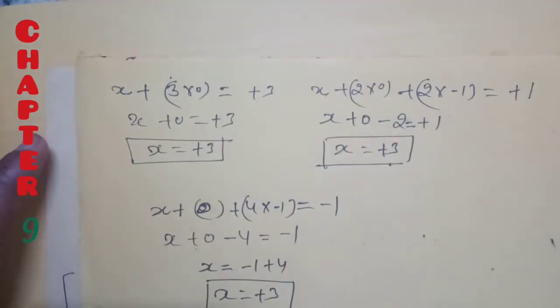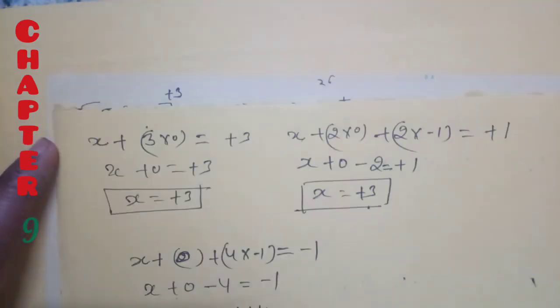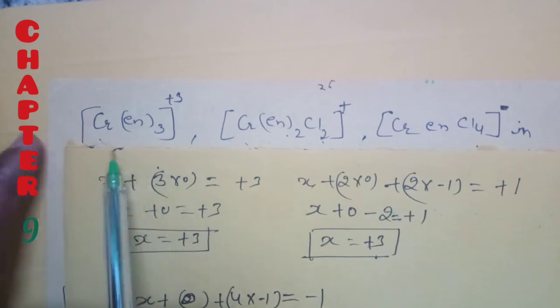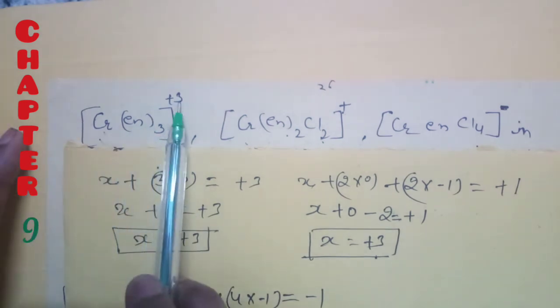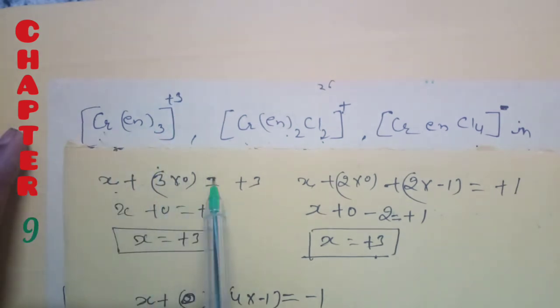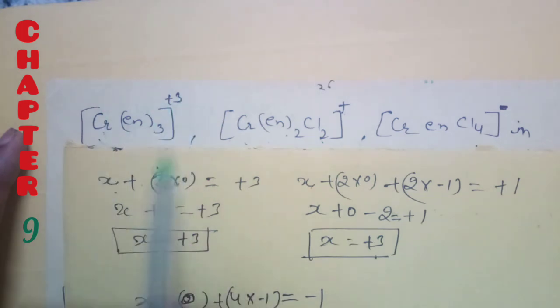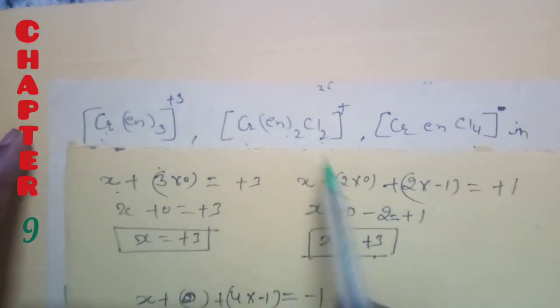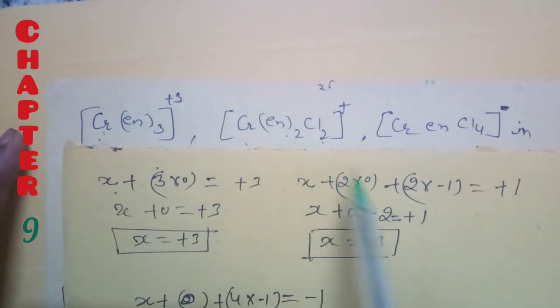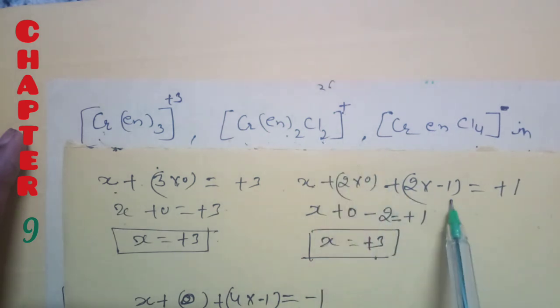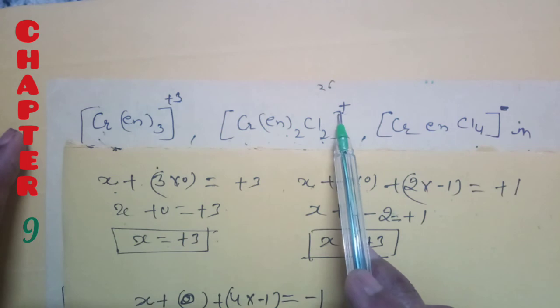Okay. See, in these examples, in this [Cr(en)3], X plus 3 into 0 is equal to +3, which is the charge of the entity. Okay, then X plus 0 is equal to +3, meaning X is equal to +3. In this example, [Cr(en)2Cl2], X for Cr, en 2 into 0 plus 2 into minus 1, since 2 chlorides are present, is equal to +1, the charge of the entity.